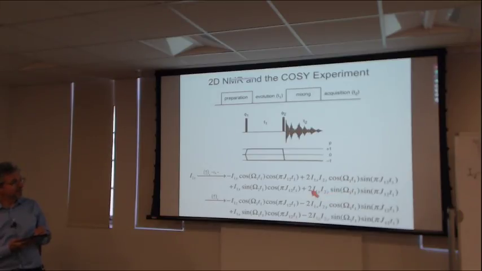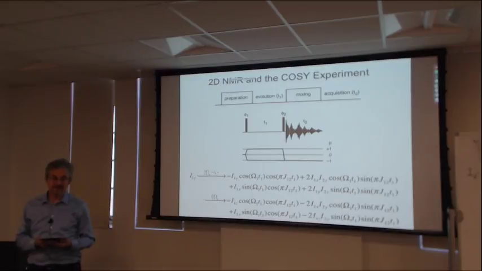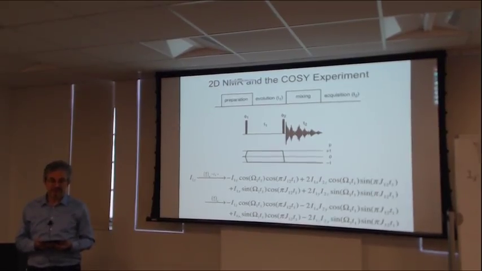In our language, this 90-degree pulse was the mixing pulse. It transferred some of the magnetization from the I1 spin to the spin I2. That caused coherence transfer.